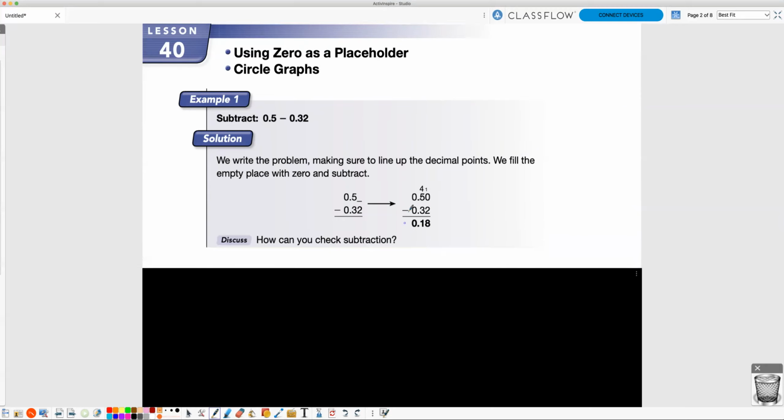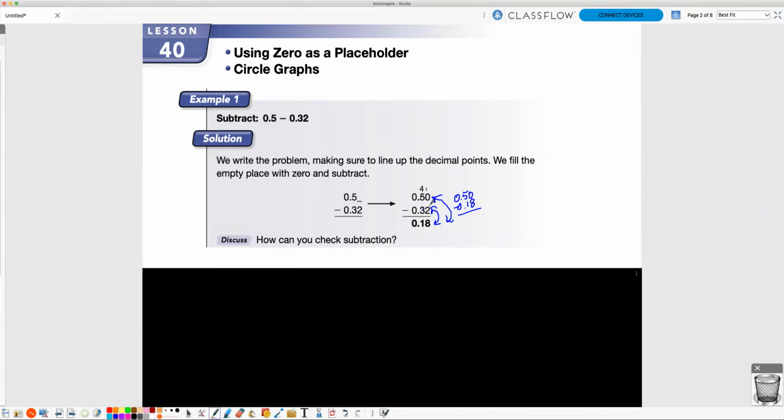And how can you check subtraction? You could just add. You could add these two together, or if you wanted to, you could add these two together to find out if they're the other. You can't add those two together, but you could subtract 50 hundredths minus 18 hundredths to see if it'll end up being the other.